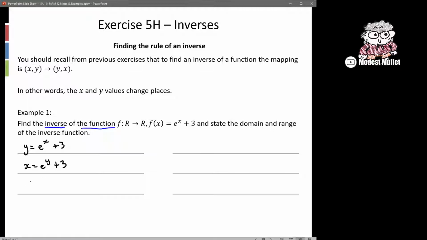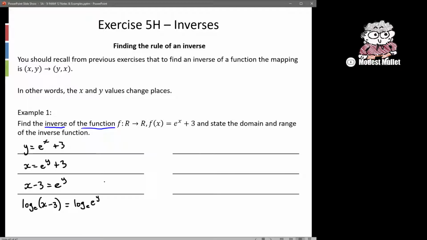So let's go x minus 3 is equal to e to the y, and then we'll just take the log of both sides. Now, in this case, it's pretty straightforward. We'll take the natural log of both sides because we have an exponential of base e. So let's do that. So we get log base e of x minus 3 is equal to log base e of e to the y.